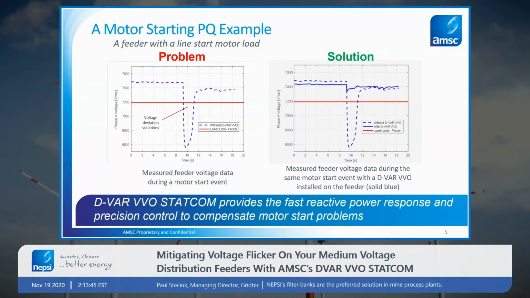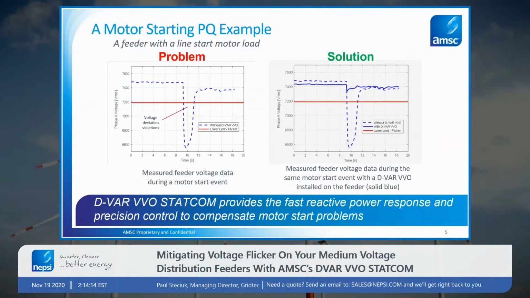On the right is the same event on a different day, with the STATCOM now operating. The STATCOM provides VARs near the motor, and by providing those VARs right at the motor so that the feeder does not have to, we can see that the voltage drop on the feeder is now very much addressed.